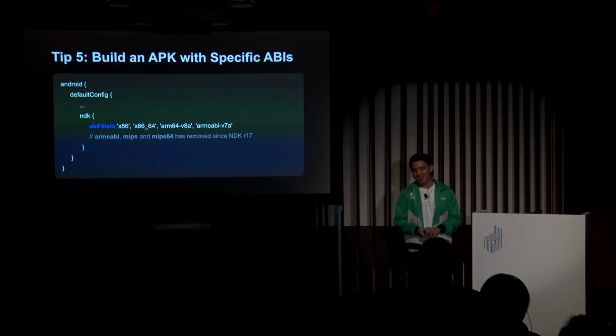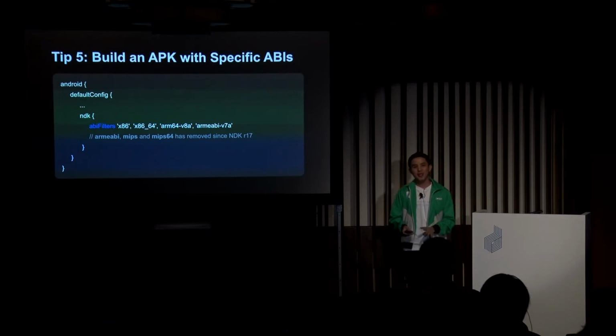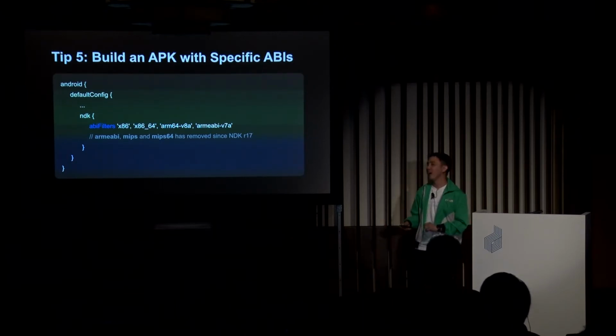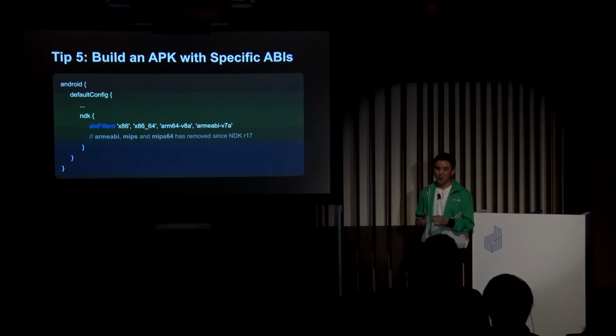Tip 5 is to build an APK with specific ABIs. This tip is different from the previous tip. In this tip, you can select the CPUs that you would like to take care of, and then when you build the APK, Android Studio will generate just one APK for you that includes the CPUs that you specify here.